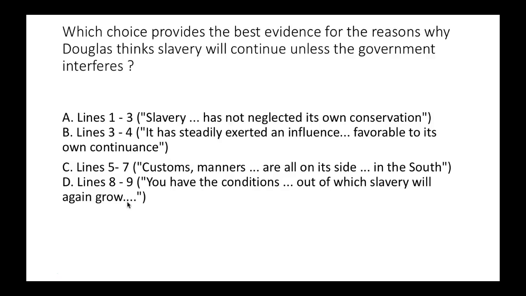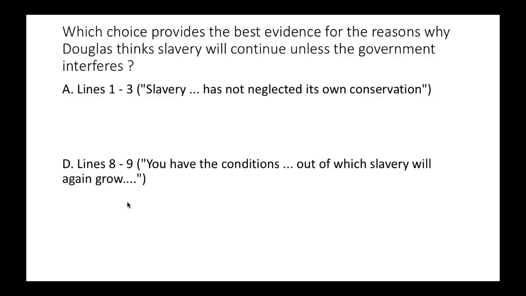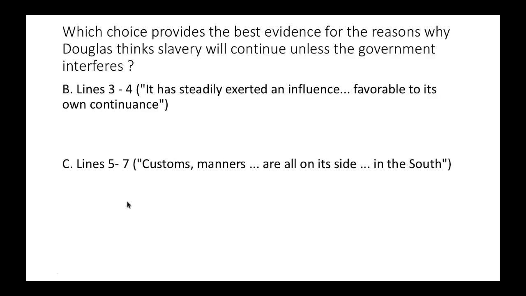The next question, which choice provides the best evidence for the reasons why Douglass thinks slavery will continue unless the government interferes? So we see that choices A and D simply say that slavery will continue, but do not say why. Choices B and C are close.